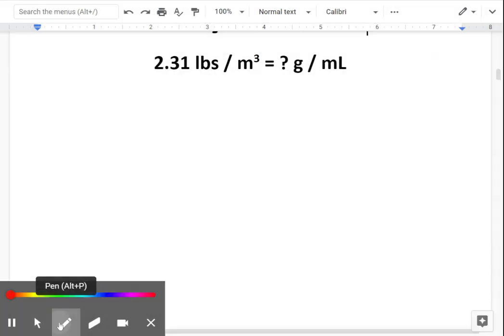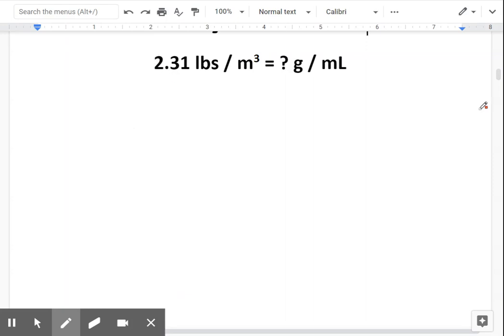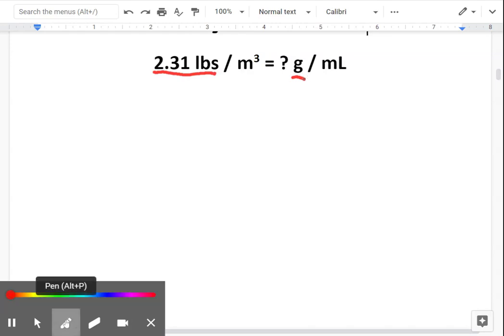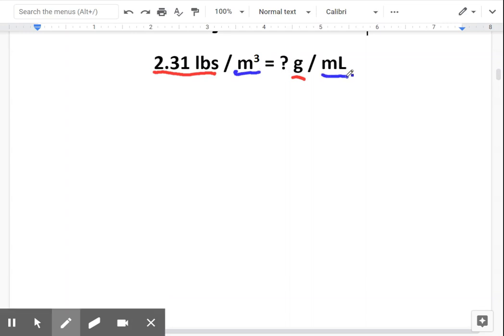So fantastic. Okay. What we were dealing with here is one unit changing over, and we're dealing with another unit changing over at the same time.